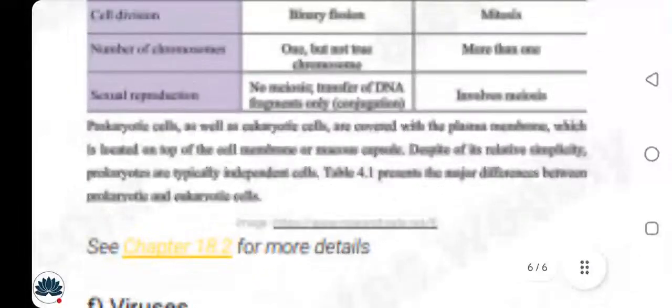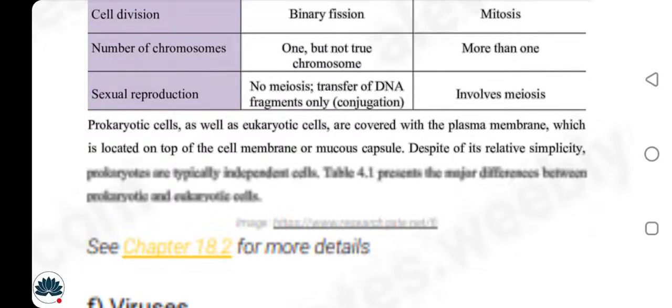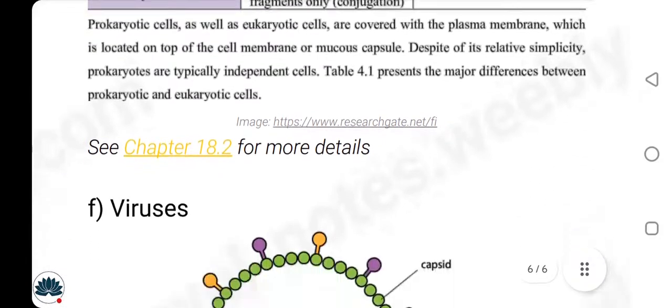This is what we are required to learn: prokaryotic as well as eukaryotic cells are covered with the plasma membrane. Despite their relative simplicity, prokaryotes are typically independent cells. Table 4.1 presents the major differences between prokaryotic and eukaryotic cells.